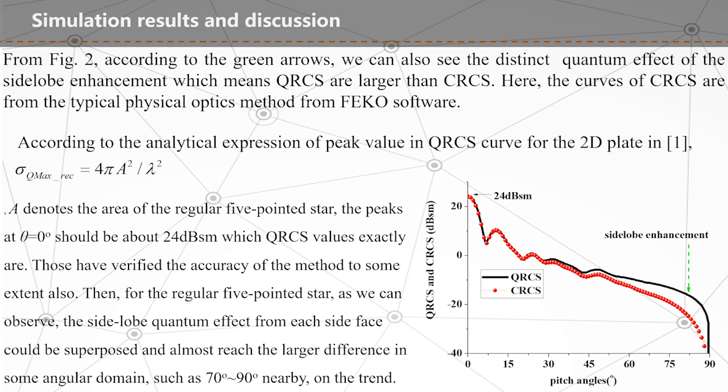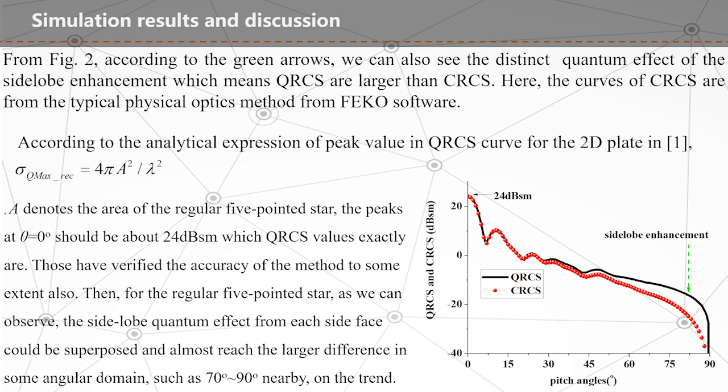According to the analytic expression of the peak value in the QRCS curve for the 2D planes in previous work, we can use this equation, which means the calculation for the maximum of QRCS. Here, the symbol A denotes the area of the regular 5-pointed star.